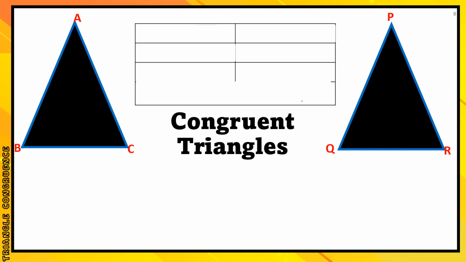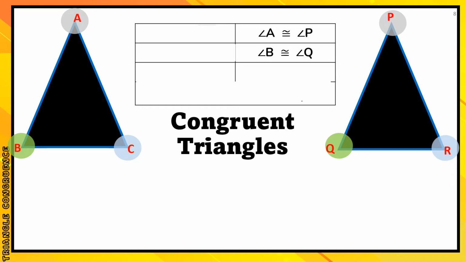So before we proceed with the postulate, let's have first a short recall about congruent triangles. Congruent triangles have corresponding parts, meaning they have the same measures. In this case, angle A and angle P correspond to each other. They are congruent. Angle B and angle Q correspond to each other and they are also congruent. And angle C corresponds to angle R, which is also congruent.